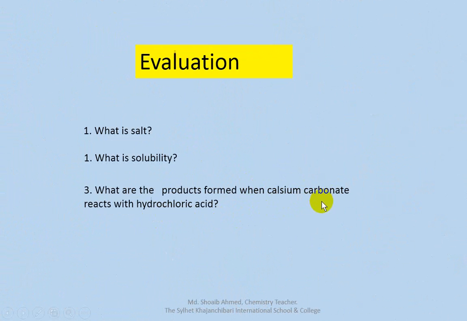One salt forms, water forms, and carbon dioxide. Hydrochloric acid forms which salt? Chloride salt. Hydrochloric acid forms chloride salt with calcium. So calcium chloride, water, and carbon dioxide.